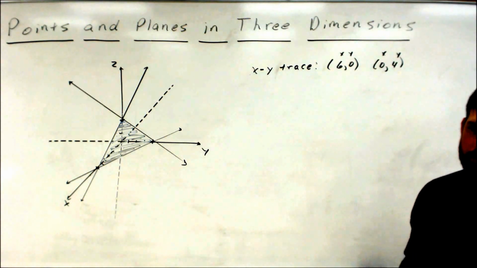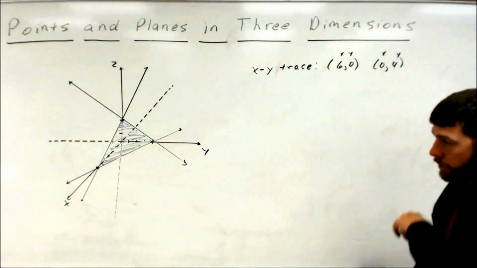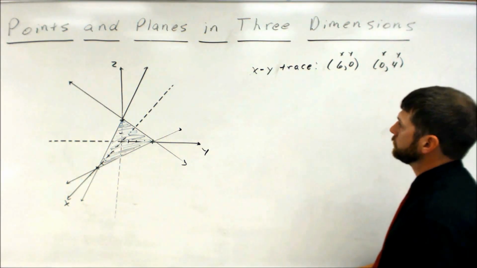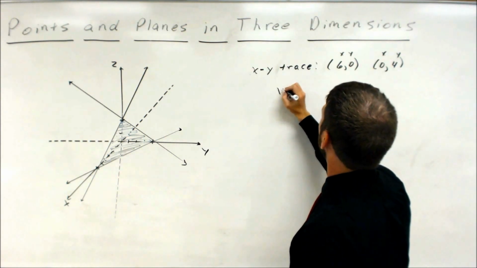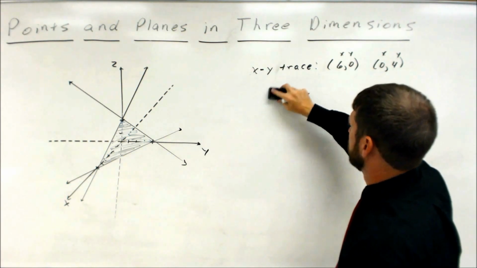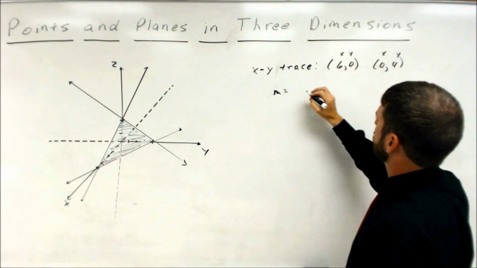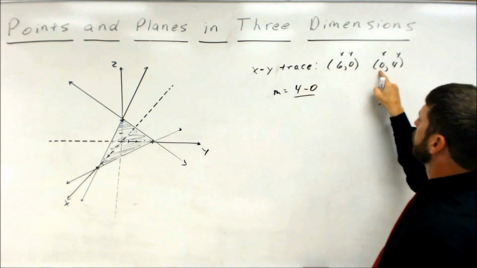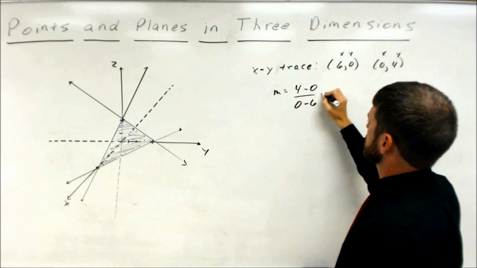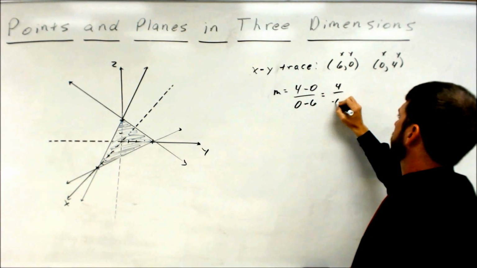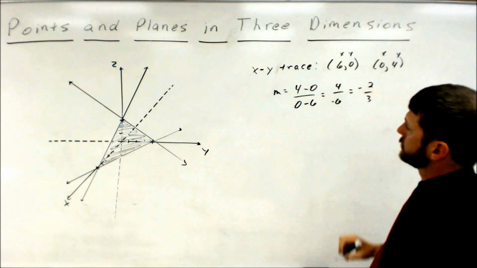And you just go through your steps for solving an equation. So, slope equals y minus y, 4 minus 0, over x minus x, 0 minus 6. So 4 over negative 6 is negative 2/3.